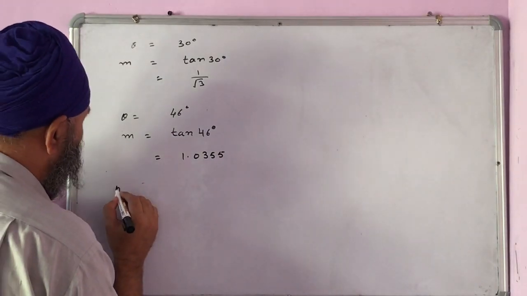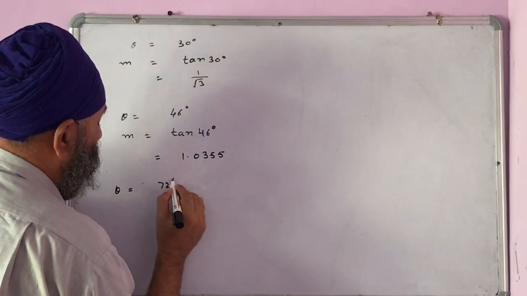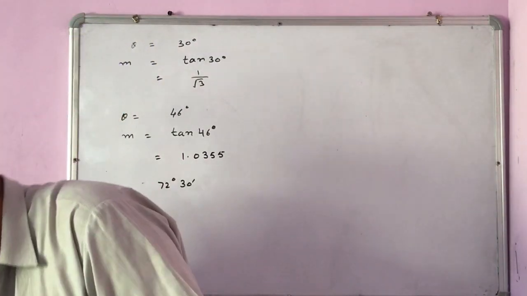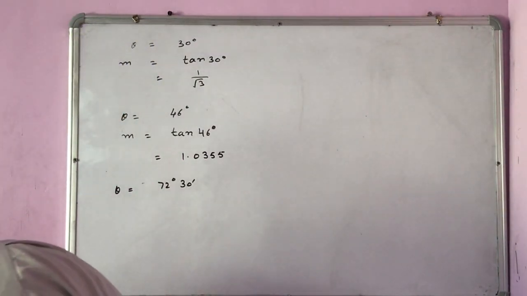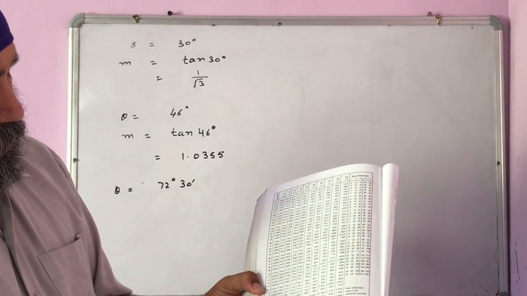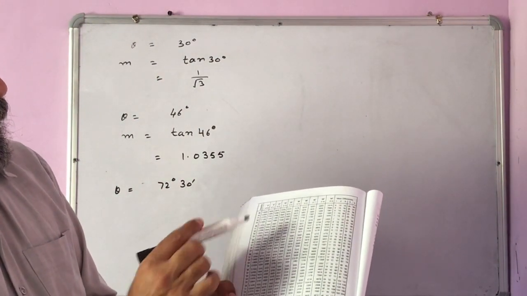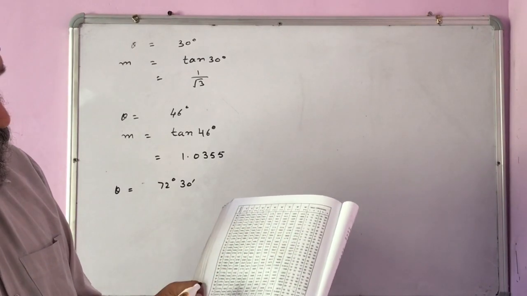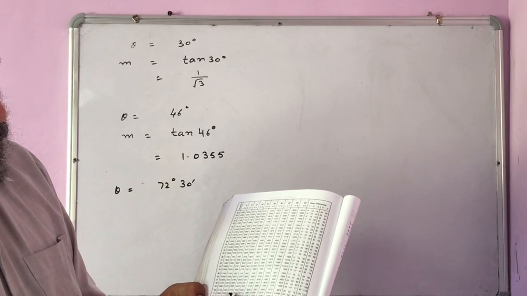Also in the third it is given 72 degree 30 minutes. So go to 72 degree, and from here you find 0, 6, 12, 18, 24, 30. So 72 degree 30 minute.